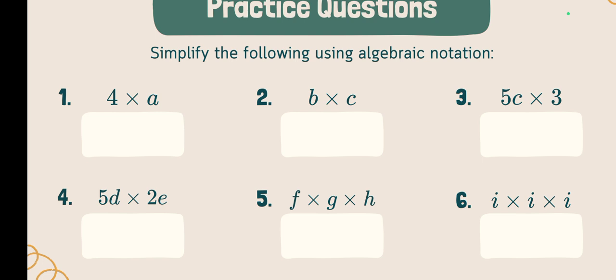Here 5d into 2e, you can directly multiply it as 5 into 2 is 10 and d into e is de, so 10de. f into g into h is fgh. i into i into i, since all the variables are the same, there are three i's, so i cube. Hope you got your answers.